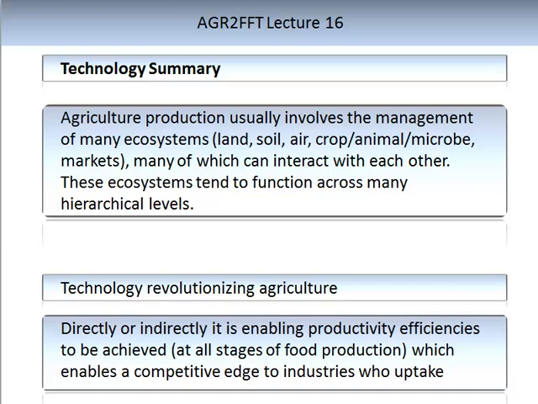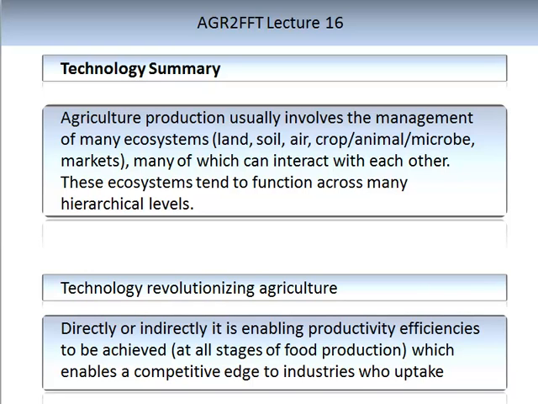In this, we will be summarizing many of the aspects covered in this course. Firstly, it should be noted that agricultural production usually involves the management of many ecosystems, not just the commodity of interest.